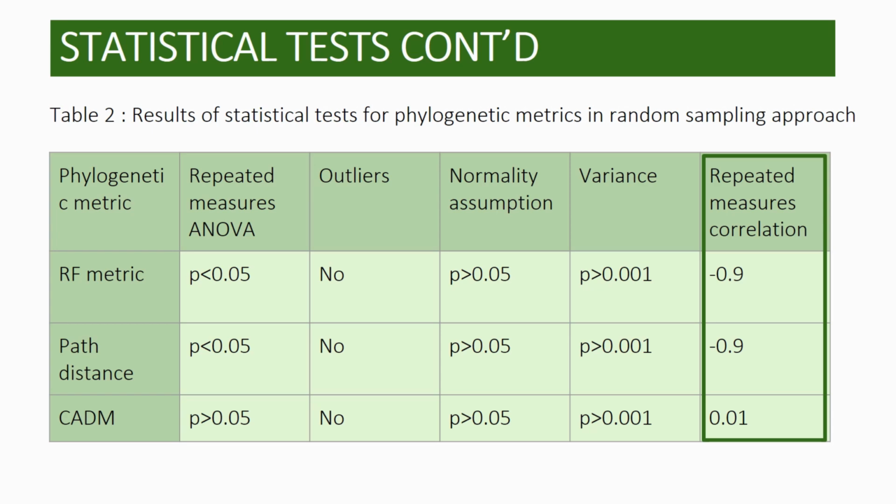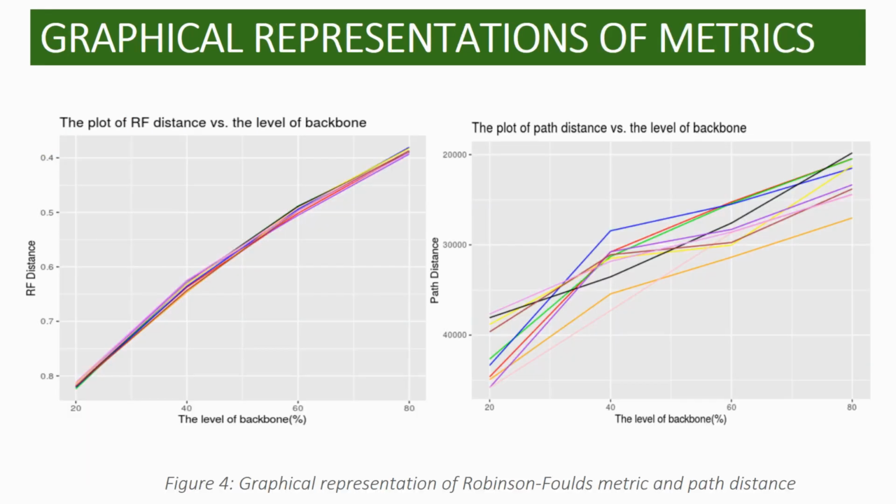Then I've used graphical representations of metrics to show the linkages among points at each varying level of sampling completeness. By looking at the trends of the plots with different level backbone trees, which means the sampling completeness on the x-axis and phylogenetic accuracy on the y-axis, we can compare the difference between topology-based metrics and distance-based methods.